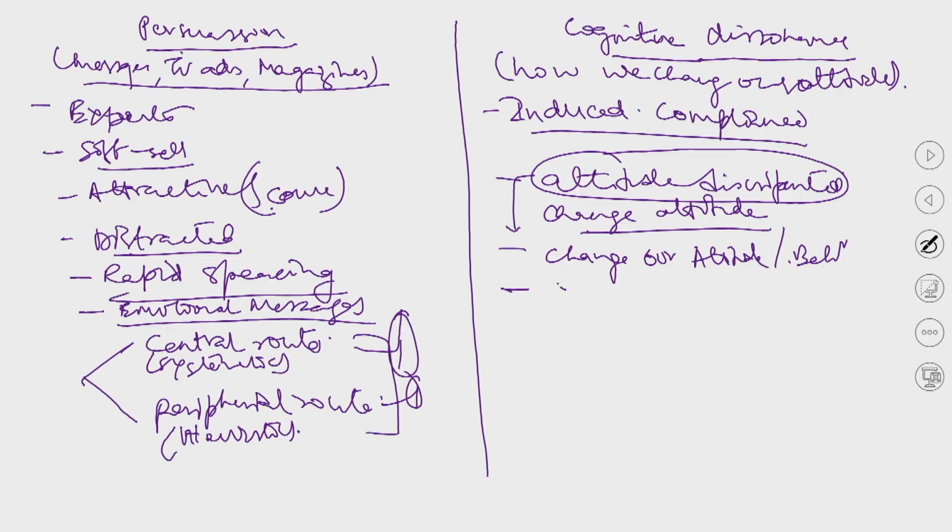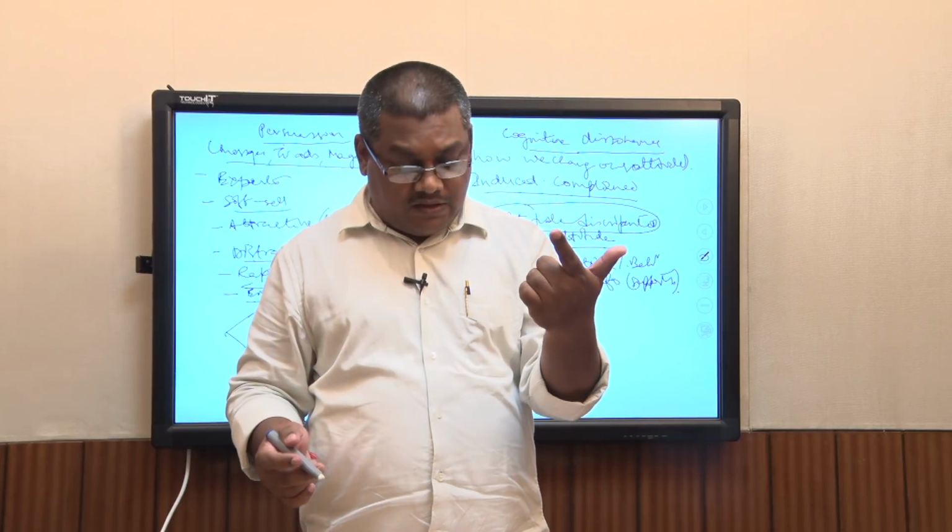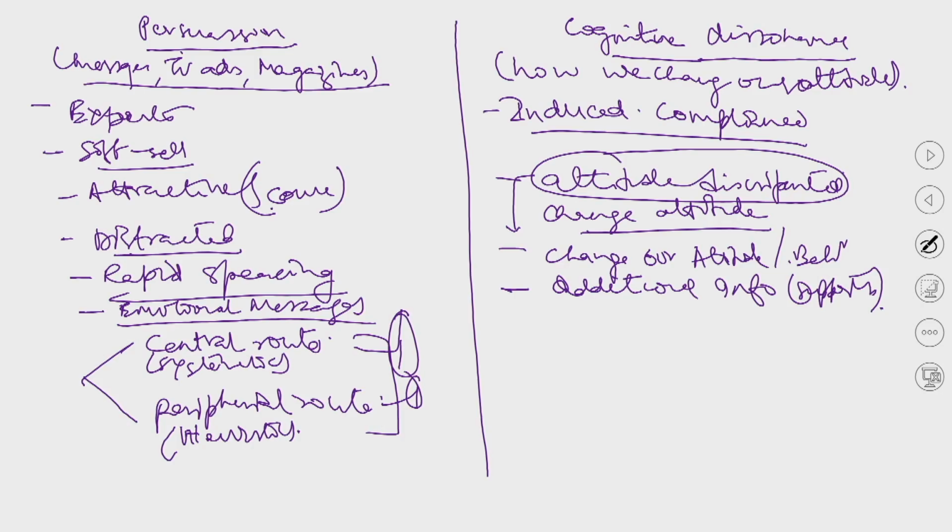Next, we look for additional information, which supports the attitude that we are holding. So, either we change our attitude and behavior, or we look for new information which supports our attitude, or we can trivialize the matter.